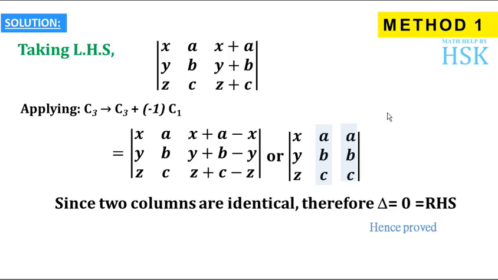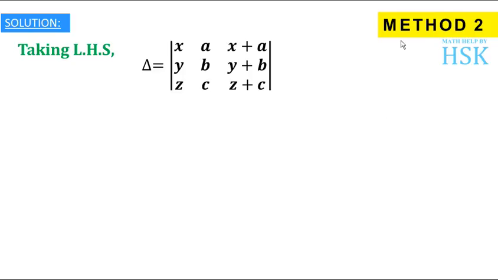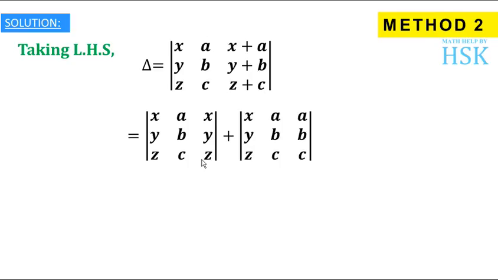Now this problem can also be done by a second method. In the second method, the property we apply is that if in any column each term is the sum of two different terms, that is, the first element is x plus a, the second element is y plus b, the third element is z plus c, then this determinant can be written as the sum of two determinants.